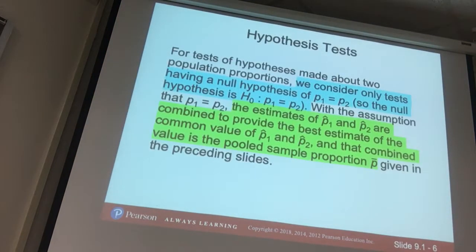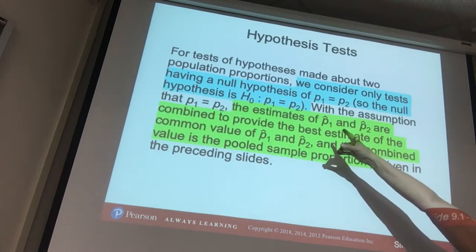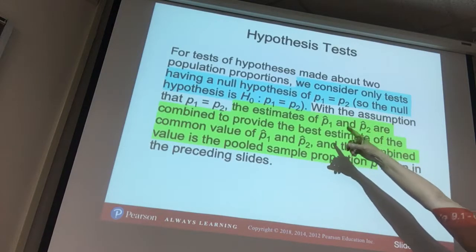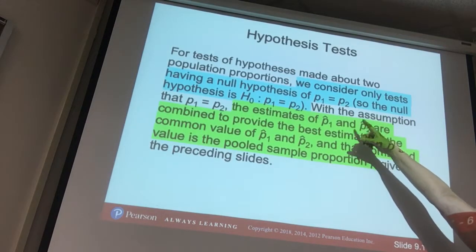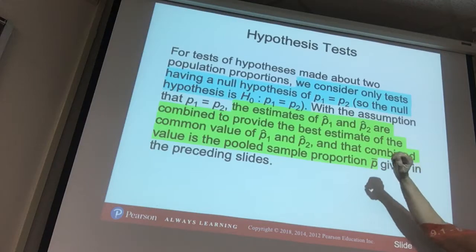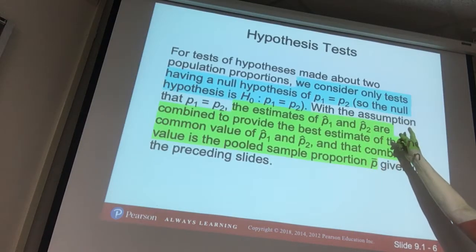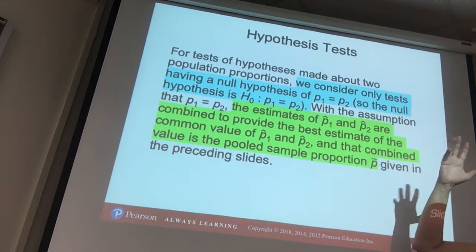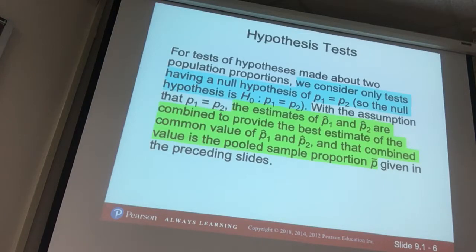Okay? And so here, when we're doing hypothesis tests for proportions, we're always going to consider only tests having a null hypothesis of P1 equals P2. Remember, the null hypothesis is always the equal situation.